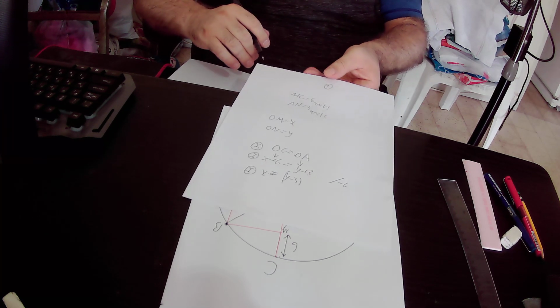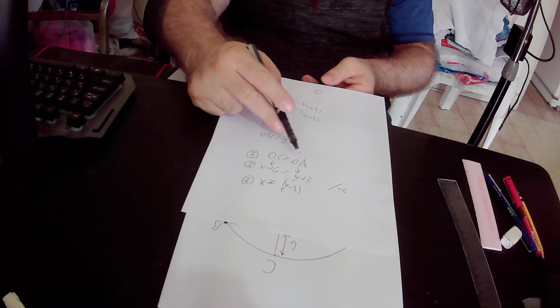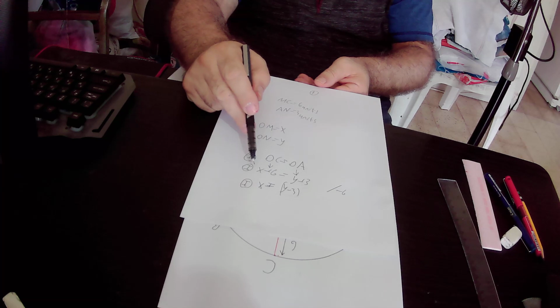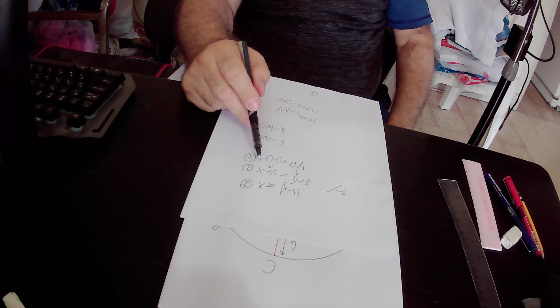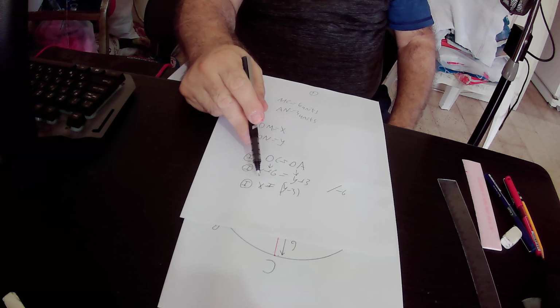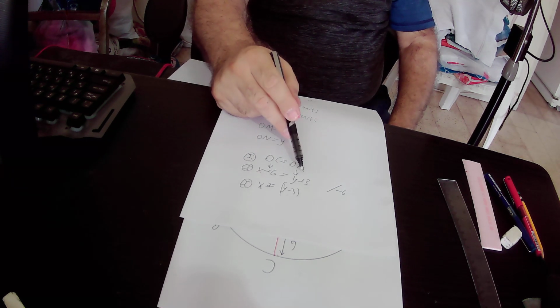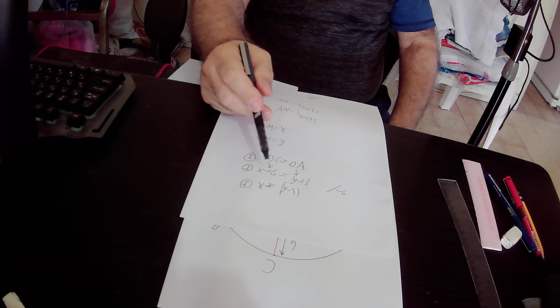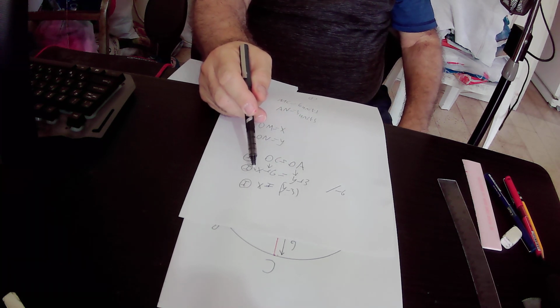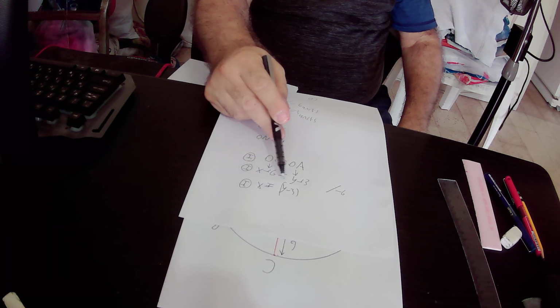So we subtracted 6 from equation number 1. X plus 6 minus 6 is X, and Y plus 3 minus 6 equals Y minus 3. So we get from equation number 1 that X equals Y minus 3.